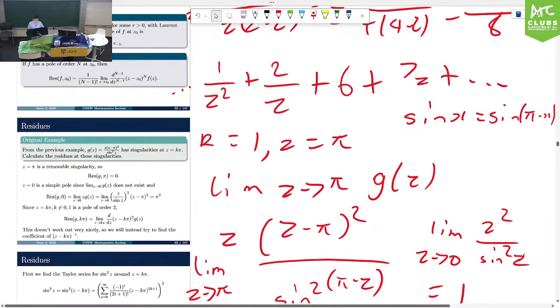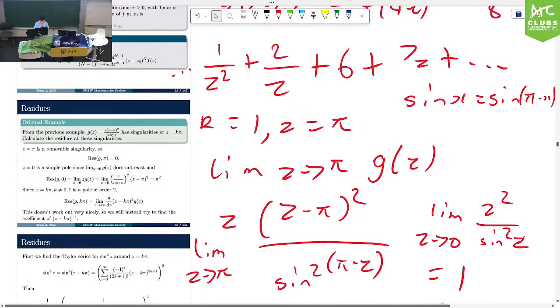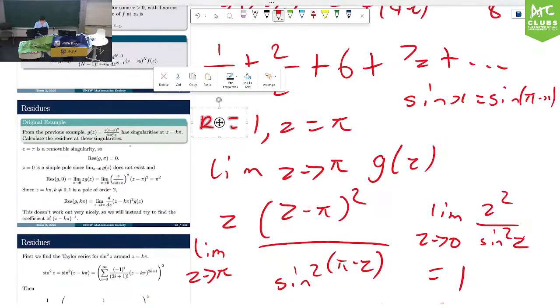In some cases you can, but it's just not worth it. If you multiply by z minus k pi squared, you have to do a really bad quotient, a bunch of product rules.